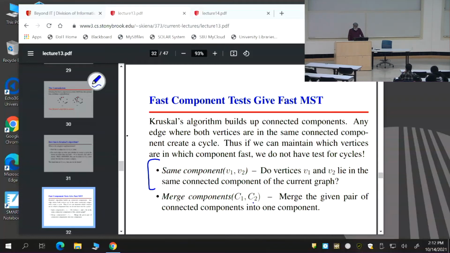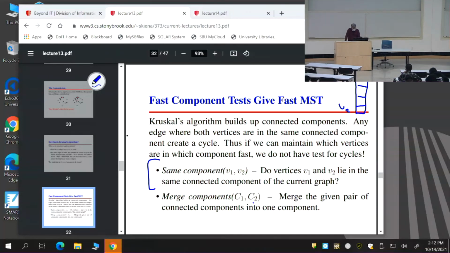How can I build a data structure that does one of these things quickly? Okay? What if for every vertex, v1 through vn, I keep track of what component it is in? Right? If I assign every component a number, does everybody agree?